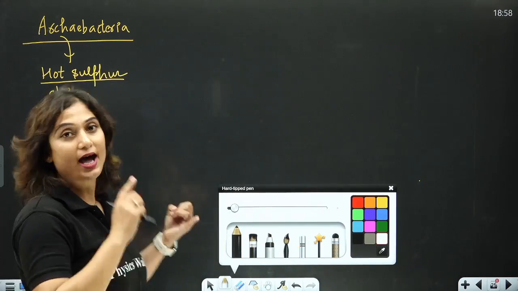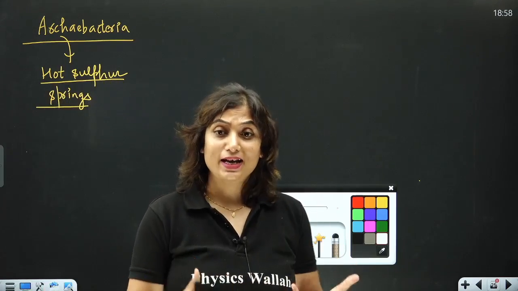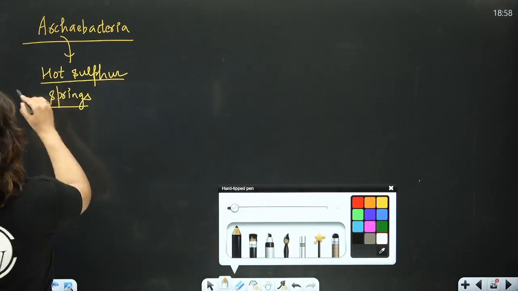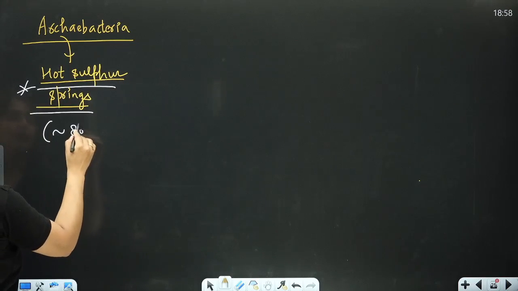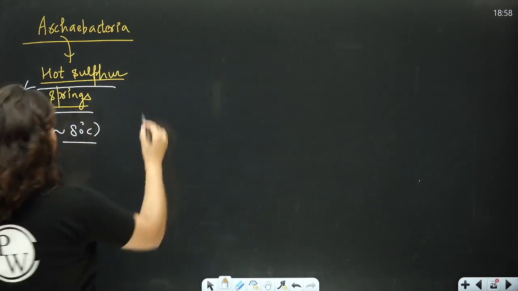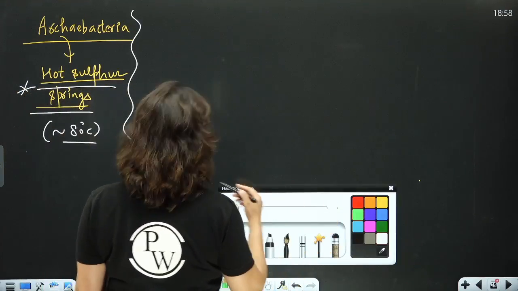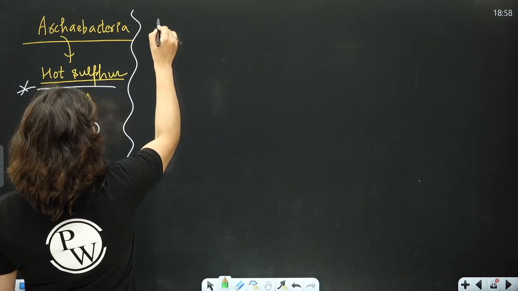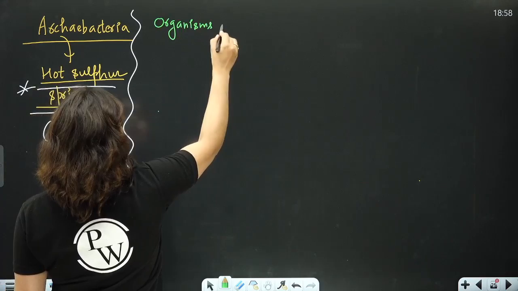It can tolerate high acid concentration, high salt concentration, high temperature, right? So they can easily tolerate hot sulfur springs, that is approximately 80 degrees centigrade temperature. Then another example of adaptation given in NCERT is the example of the organisms in polar areas.